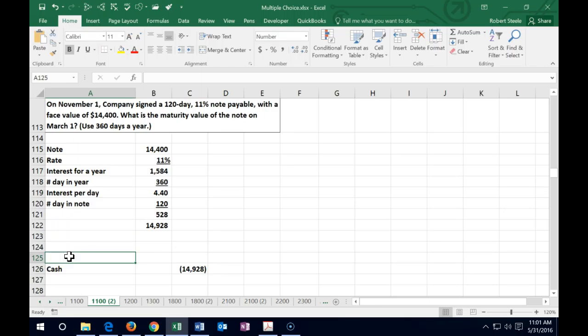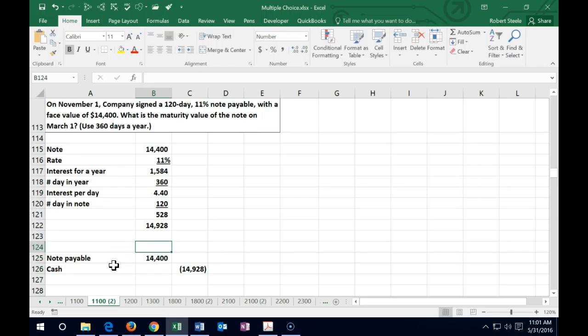And then we have to take the liability, note payable, off the books. So the note payable is on the books, not at this amount. It's on the books at this amount, the amount we actually borrowed. So we got to take that off. Liabilities have a credit. We're going to take it off by doing the opposite, which is a debit, 14400.